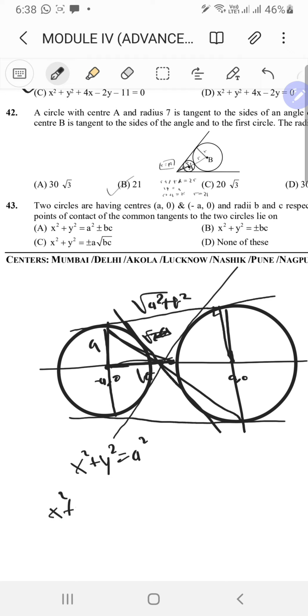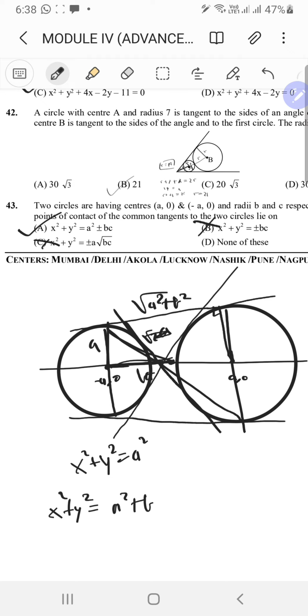So x squared plus y squared equals a squared plus b squared if b equals c, which means this is not correct, and similarly this is not correct, so A should be the correct one, because it's going to give us the result we want. It has to be like 2a squared b, something like that.